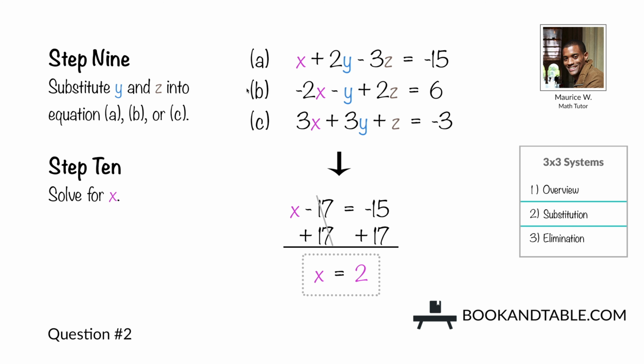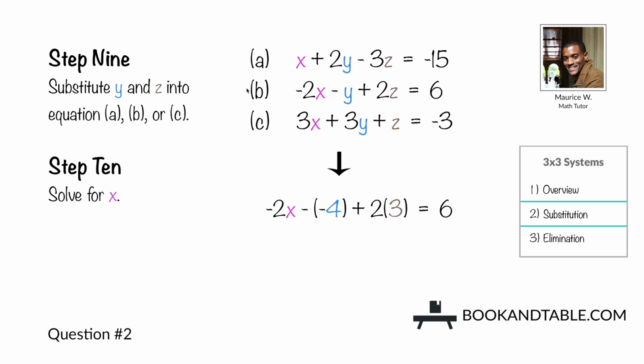So if you chose to plug them into B instead, you would have gotten -2x minus -4, which would be +4, plus 2 times 3, which is 6. 4 plus 6 is equal to 10. So we get -2x plus 10 is equal to 6.